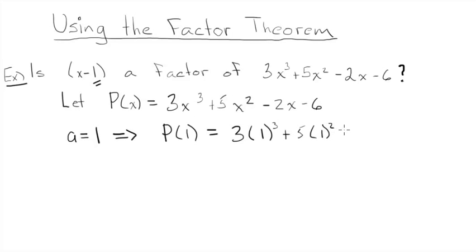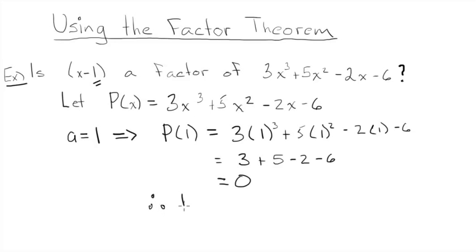So we just sub in 1 for each term in the given polynomial, and I get 3 plus 5 minus 2 minus 6, which is equal to 0.